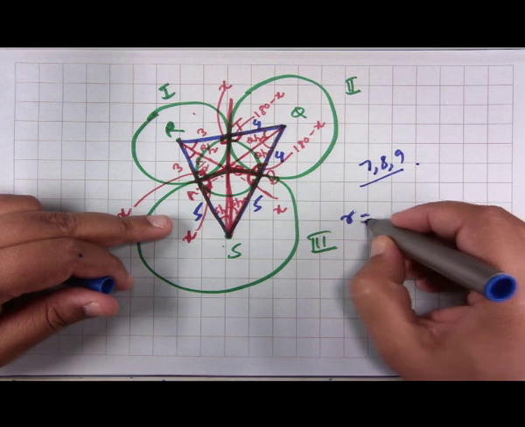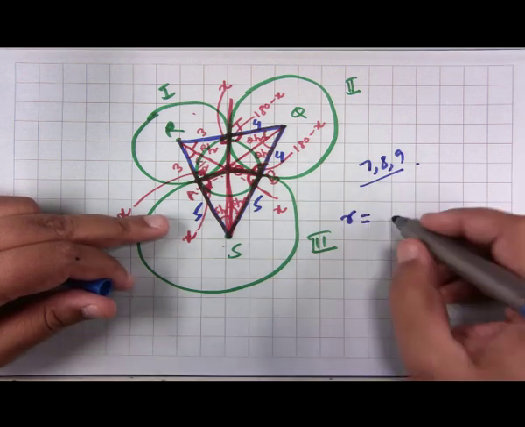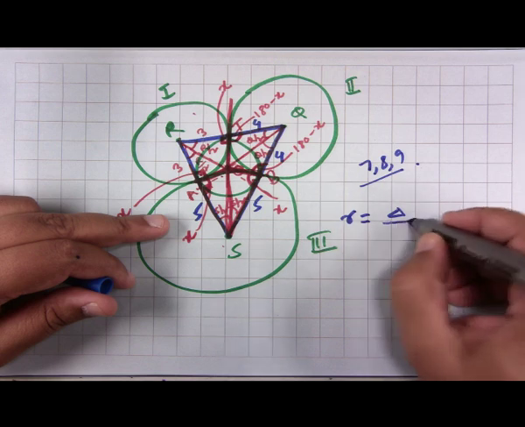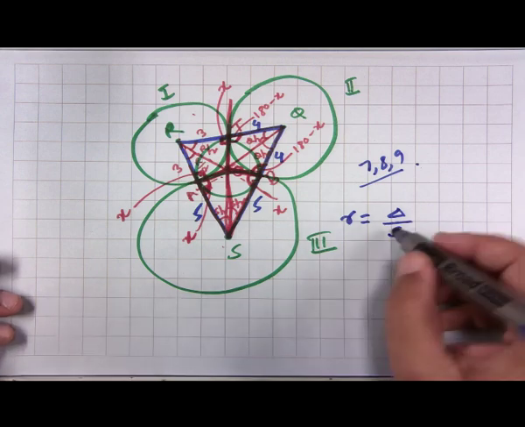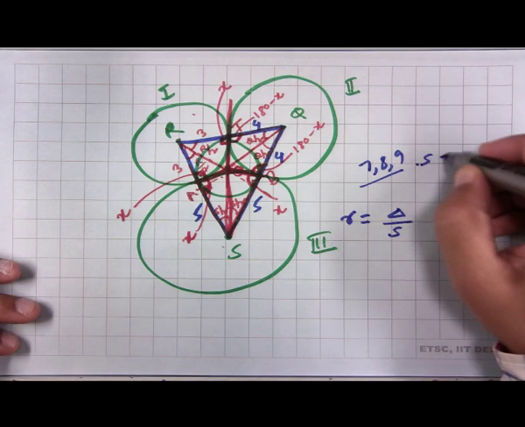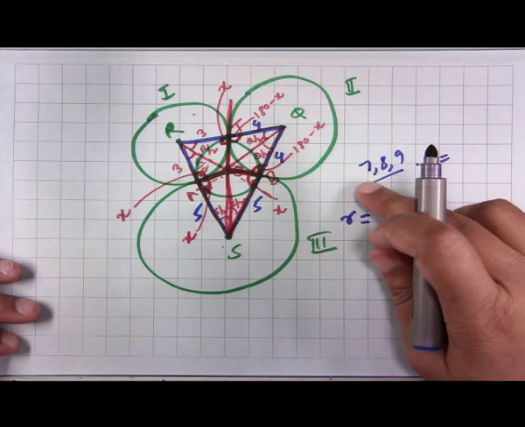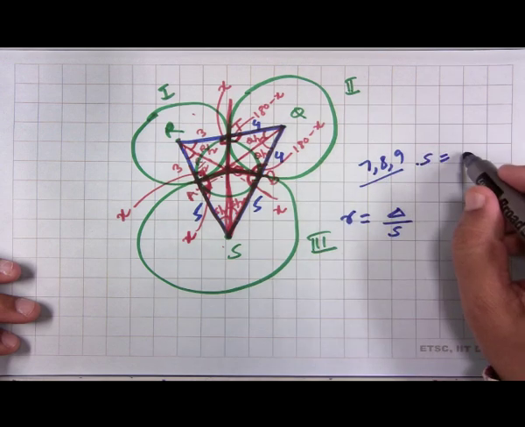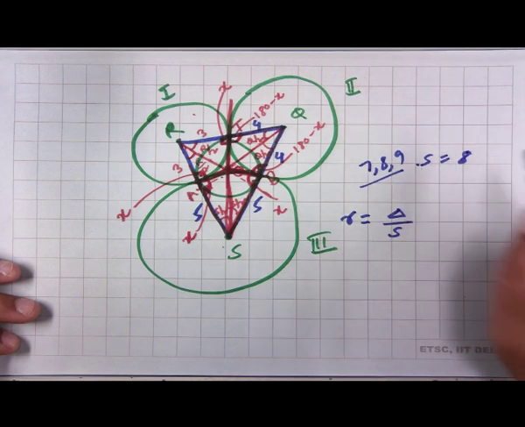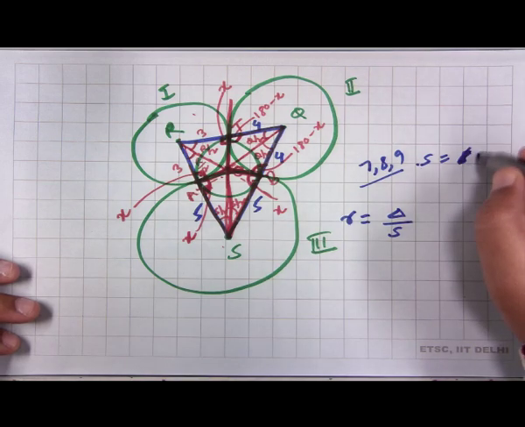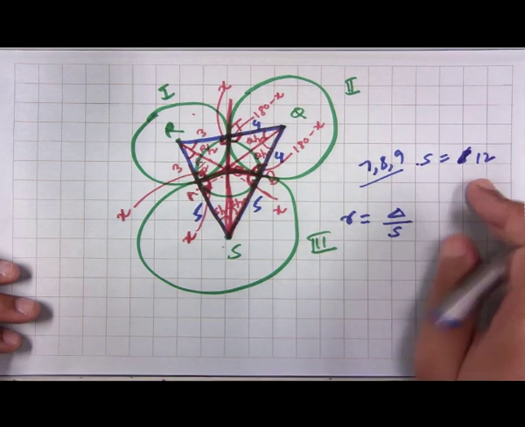The formula for the inradius is the area divided by the semi perimeter. The semi perimeter is half of the perimeter, which will be equal to 8, sorry, that will be equal to 12. So, the semi perimeter will be equal to 12.